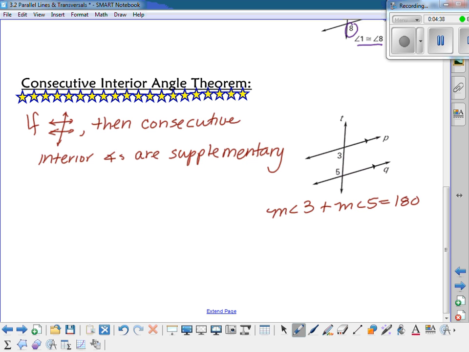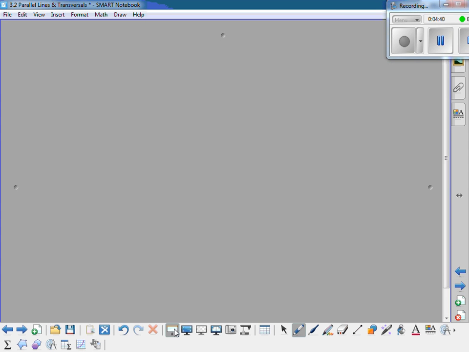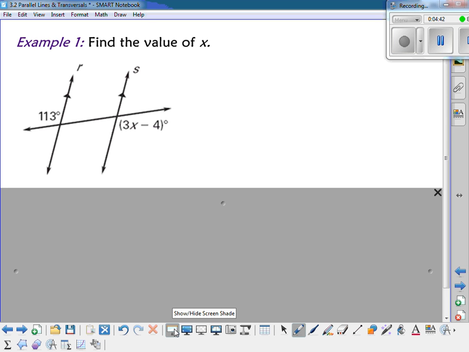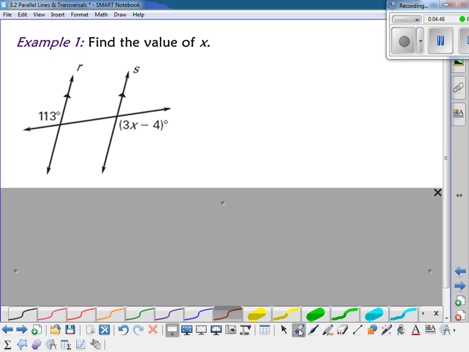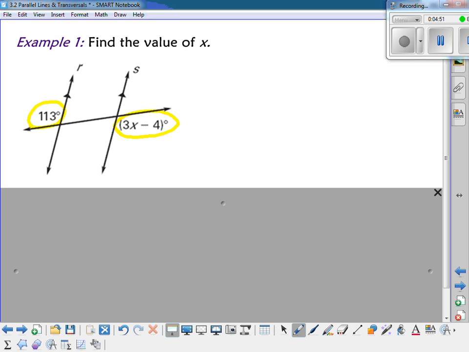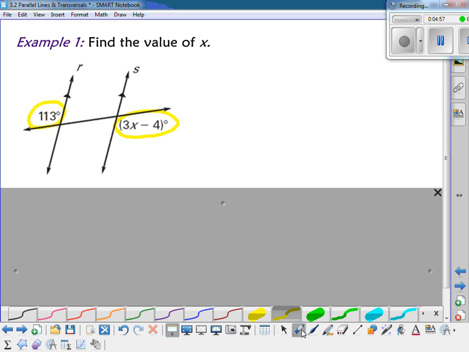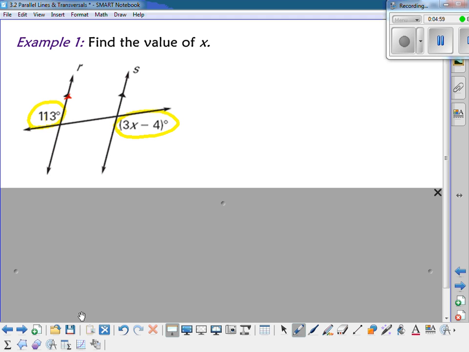Okay, so we've got an example here. If I want to find the value of x, first of all, I've got 113 and I've got 3x minus 4. Well, R and S are parallel to each other. I know that because they've marked them with the little arrows there. And this other line is my transversal, and they are alternate exterior angles.